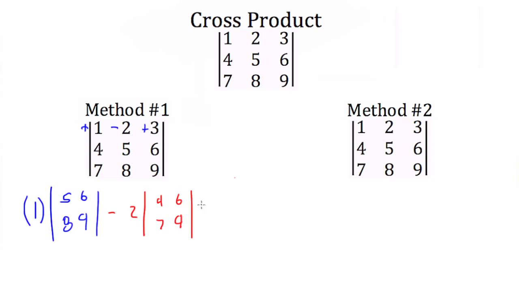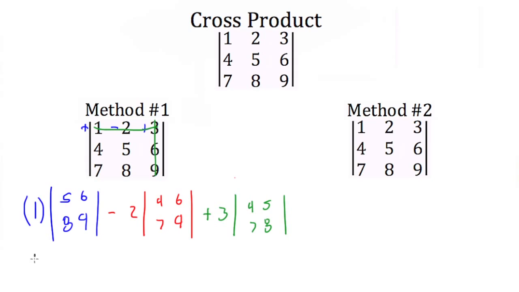Then lastly, I take this positive 3 and I multiply it by the 2 by 2 matrix I create when I ignore everything next to and below that 3. So 4, 5, 7, and 8. Now I need to find my 2 by 2 determinants.